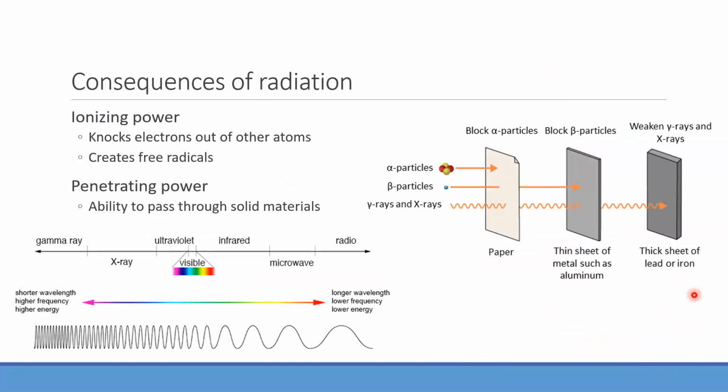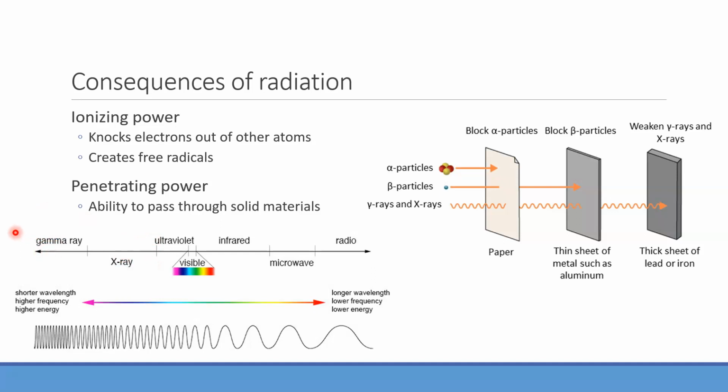So let's think about the consequences of radiation. What's happening? Just as a reminder of our electromagnetic radiation chart here, we have our radio and microwaves and infrared waves, and then we have our visible light here in the middle, followed by ultraviolet light, X-rays, and gamma rays.